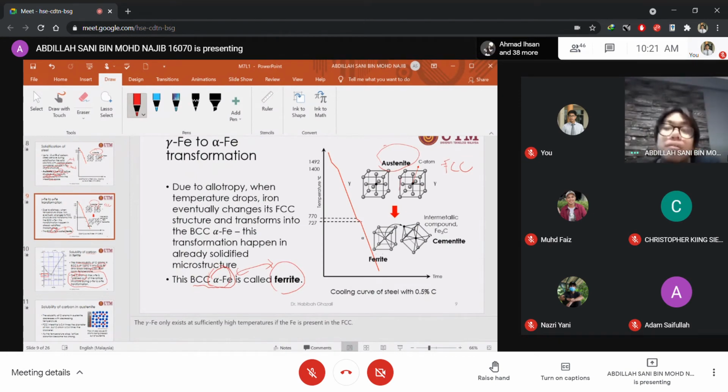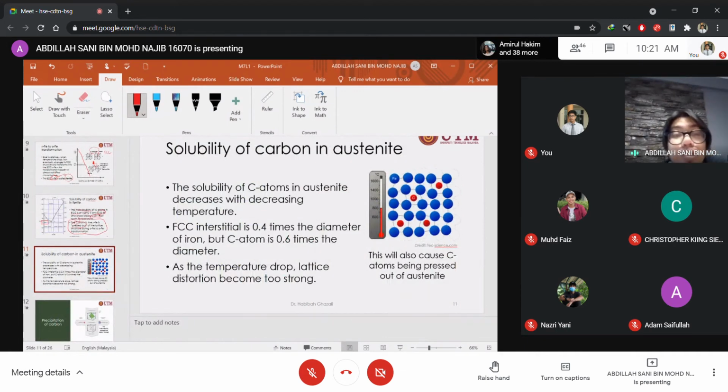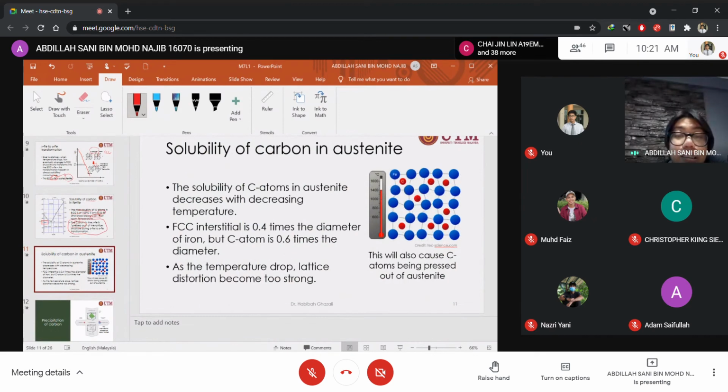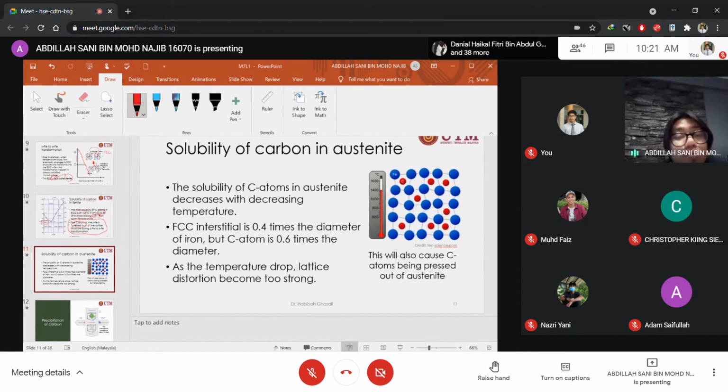Also in the austenite itself, during solidification, of course, the cooling takes place, and the lower temperature causes the carbon atoms to be less soluble.